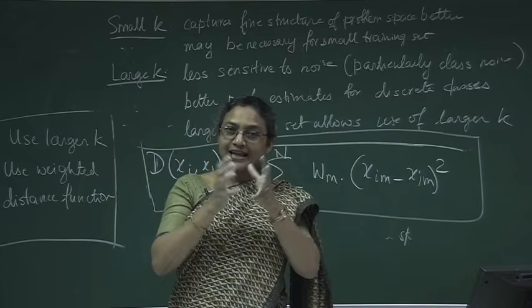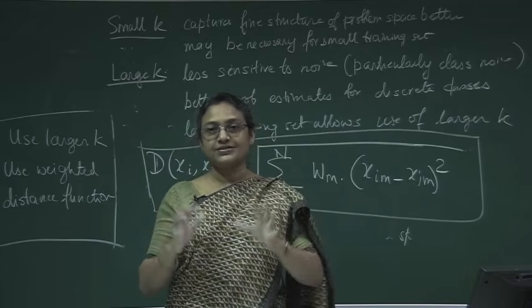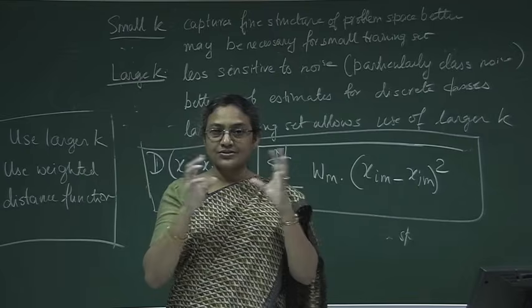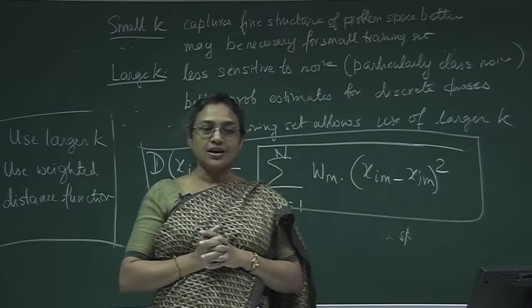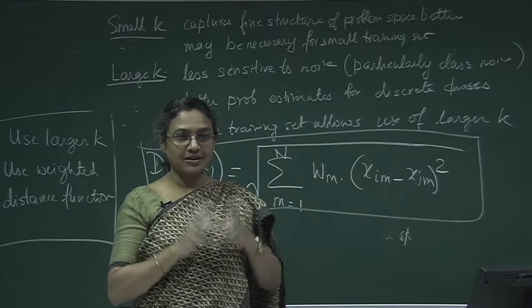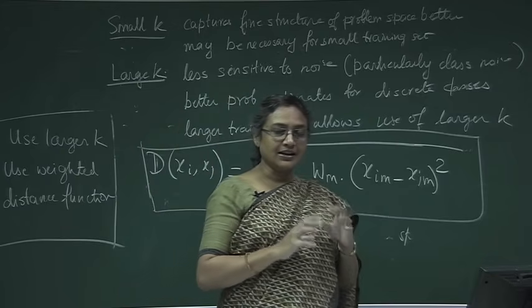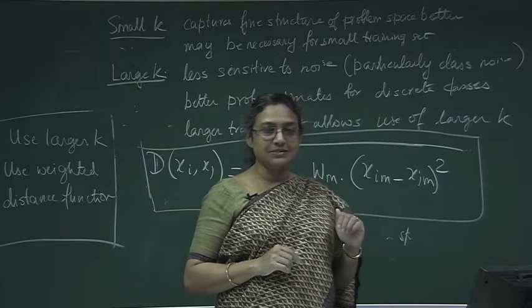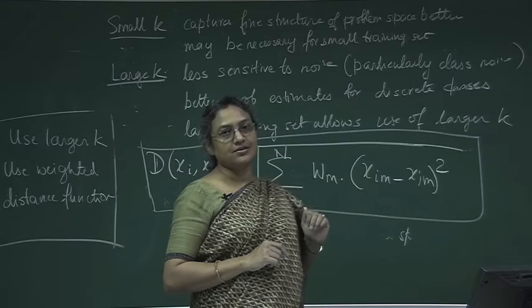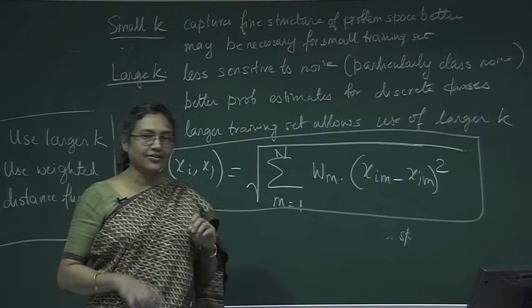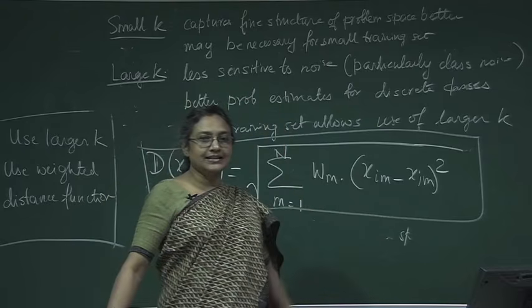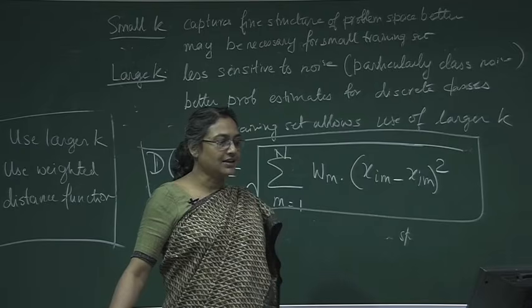Or we can scale the attributes so that they have a similar range, normalizing them so that they have the same mean and the same standard deviation. Based on that, we can then fix the weights depending on the importance of the attributes. And if an attribute does not matter, it is irrelevant, the attribute has 0 weight.